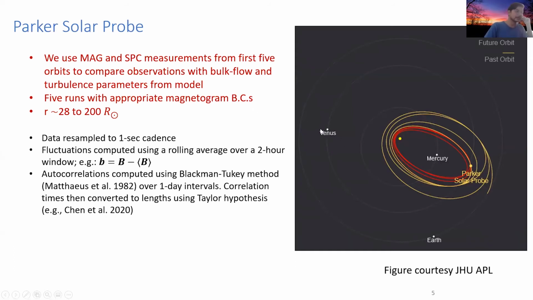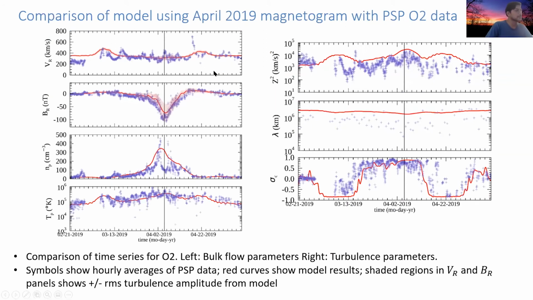As I said, here we look at the first 5 PSP orbits, which gives us coverage of distances from 28 to 200 solar radii. And we use 5 runs, each with a magnetogram corresponding to the appropriate PSP solar encounter.